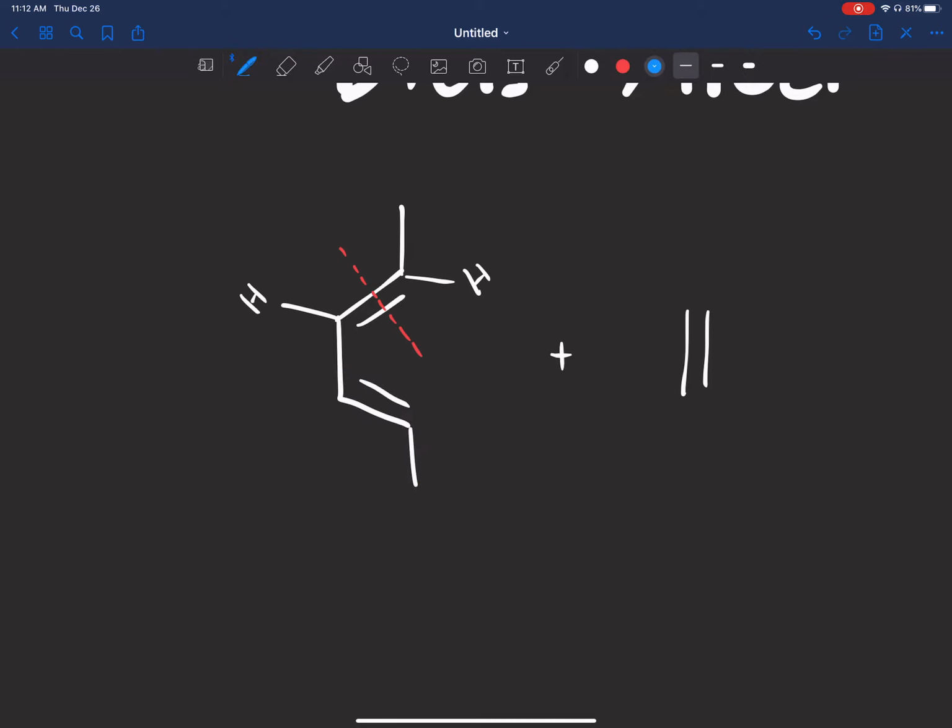You see that our highest priority group near the right-hand side is going to be that methyl pointed upwards. The highest priority group on the other end of the double bond is this group. So you see they go opposite directions. So that methyl is trans. All right? That methyl is going to be trans.